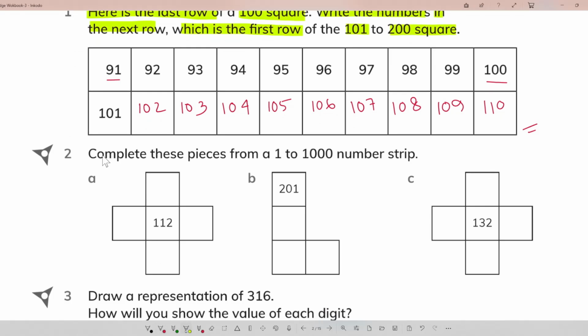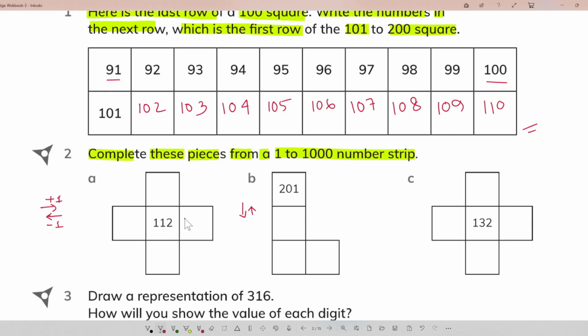Next question, number 2. Complete these pieces from a 1 to 1000 number strip. It's an important thing. On the right side we add 1 and on the left side we decrease 1, but when we go down or up, it will change by 100, right?